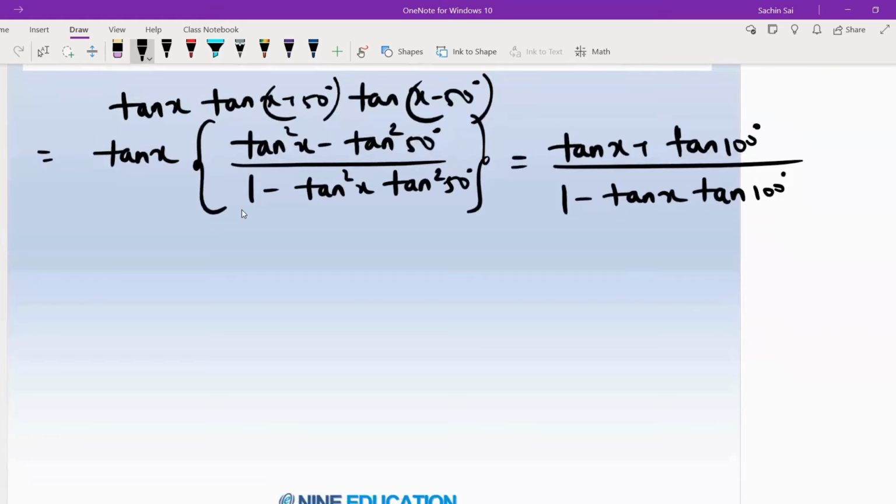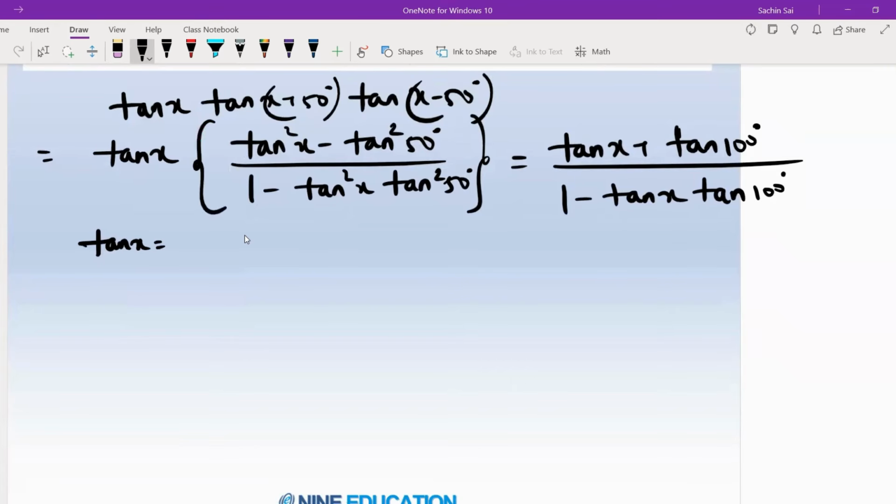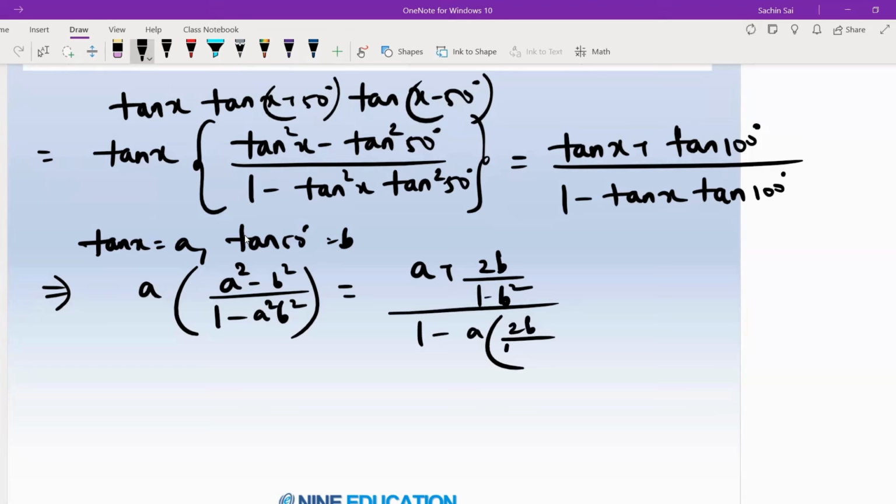Right? If I take tan x equals A and tan 50 degrees equals B, then this means A into A square minus B square by 1 minus A square B square equals A plus 2B by 1 minus B square by 1 minus A times 2B by 1 minus B square.